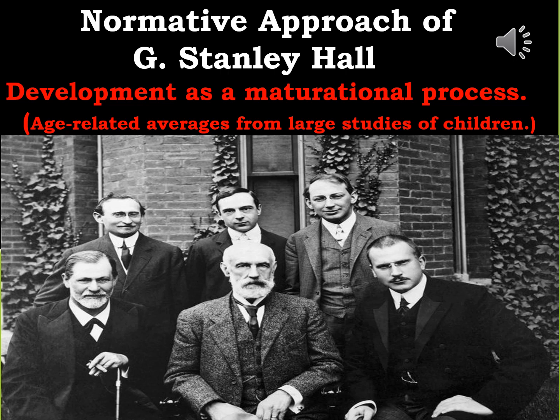G. Stanley Hall's approach to developmental psychology was called the normative approach. He saw development as a maturational process, meaning largely controlled by genetics. You might think of it as the unfolding of a flower in the sun, controlled by forces not determined by the flower itself. In terms of the stage of development that he focused on, he was particularly interested in adolescence.